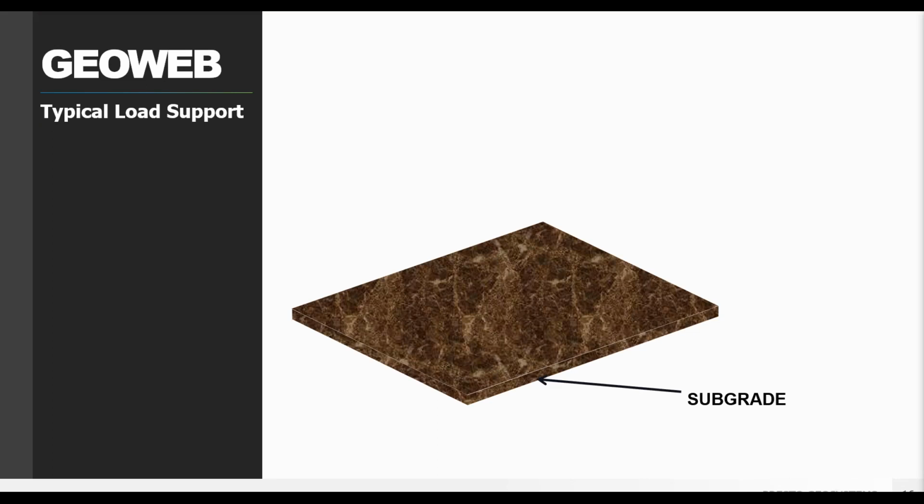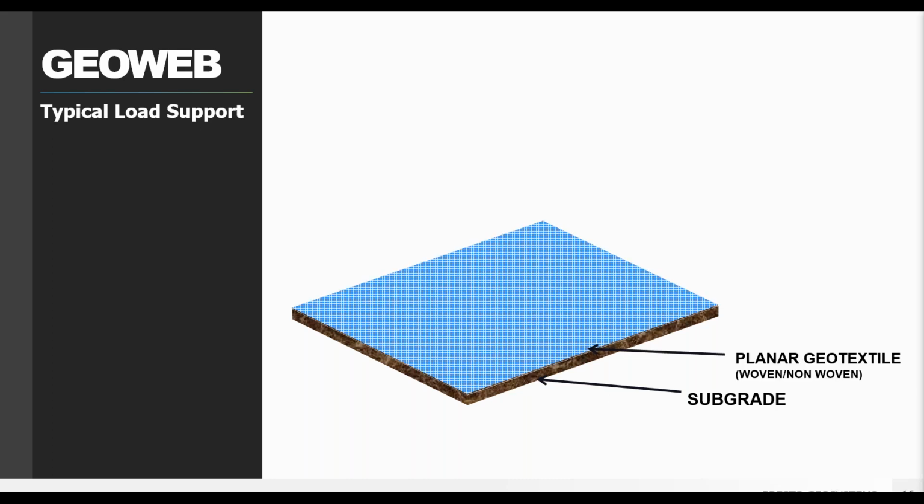So let's look at a typical cross-section for a load support application. So we start with your subbase, can have varying strength. Typically it's expressed as the California bearing ratio, with a CBR as a percentage, but you can have some other values as well. And then we decide whether or not you need a planar geosynthetic material, such as a woven or a non-woven geotextile.